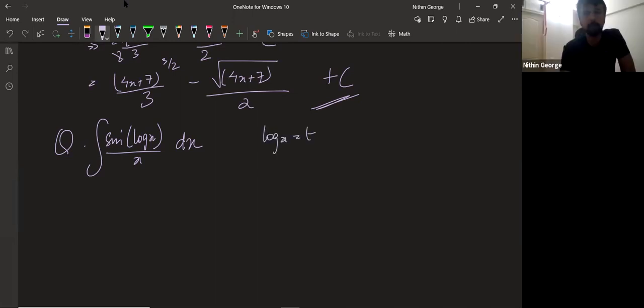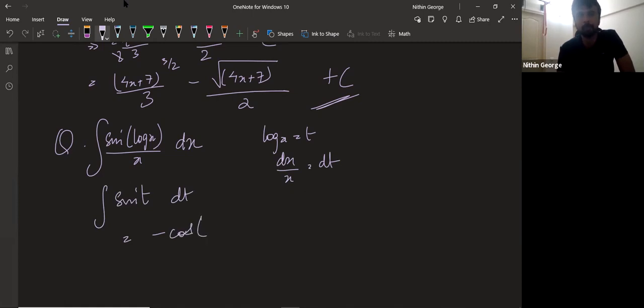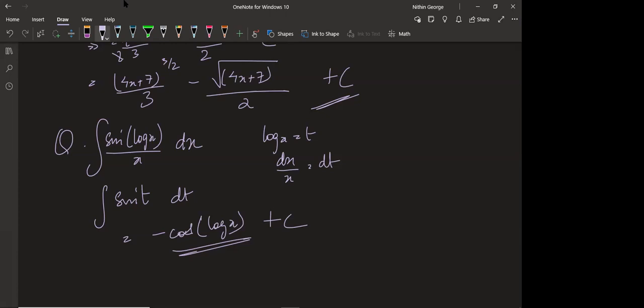You take log x as t, what happens? dx by x becomes dt. You see dx by x here, which is dt. It becomes sin t. Sin t when you integrate, you get minus cos t. As simple as that. And t is log x, plus c. You got the same answer, right? Yes, sir.